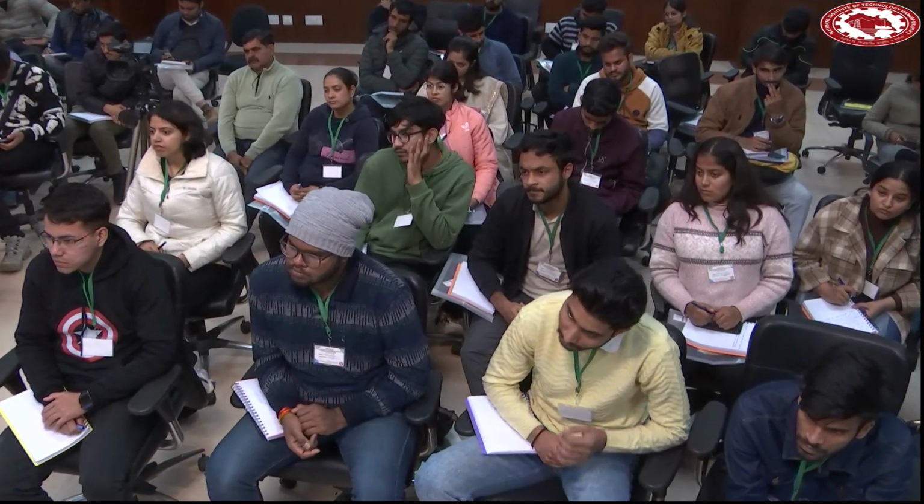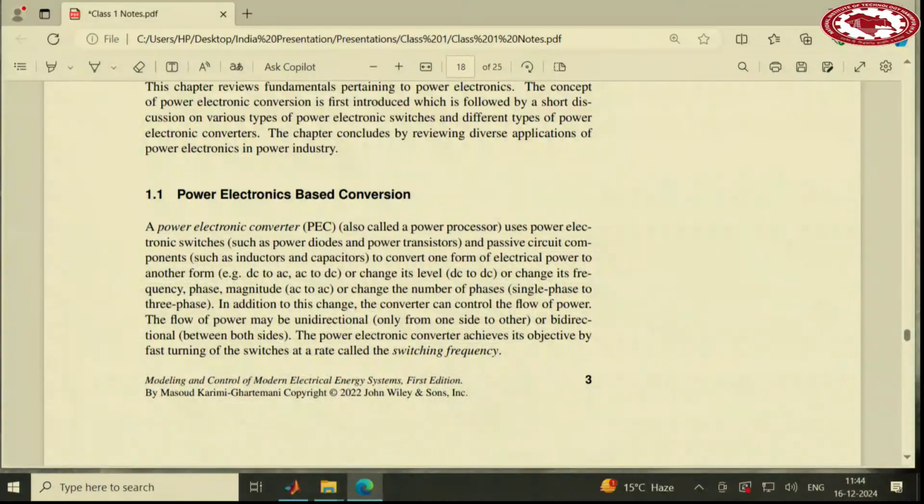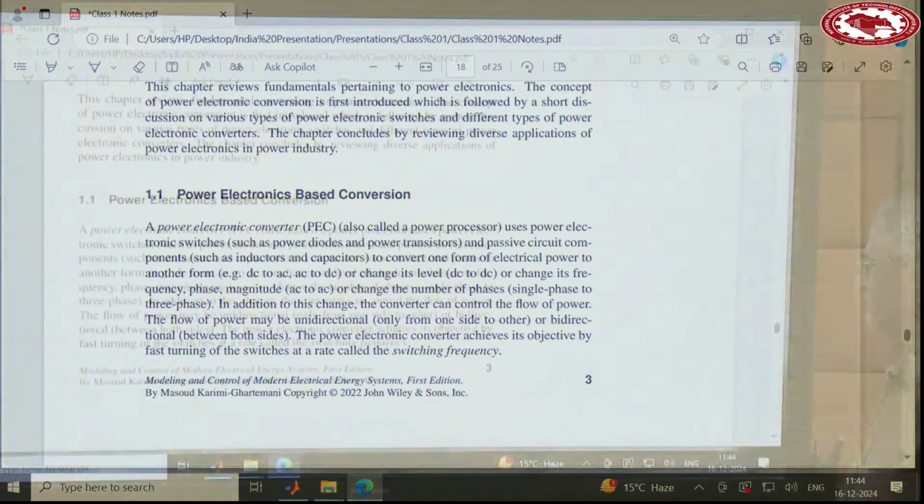So when we say one form to another form, you can say DC to AC, AC to DC, or even DC to DC from one level to another level, or changing frequency, phase angle, magnitude of an AC, or changing from single phase to three phase. These are all conversions of form, right?